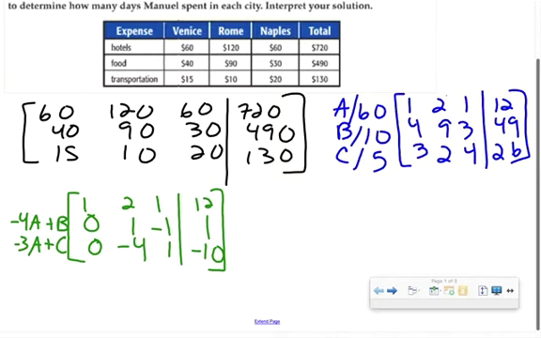Now I've got to get rid of the -4 in row C. So what I will do there is multiply the second row by 4 and add it to the third row.